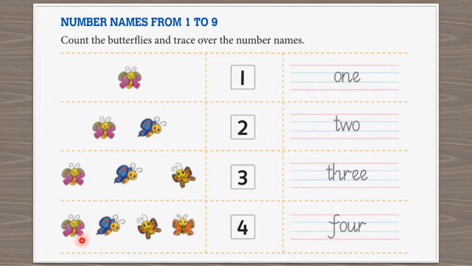Here there are 1, 2, 3, 4 butterflies. The number or numeral 4 is written here. The number name or number in words is written as FOUR.